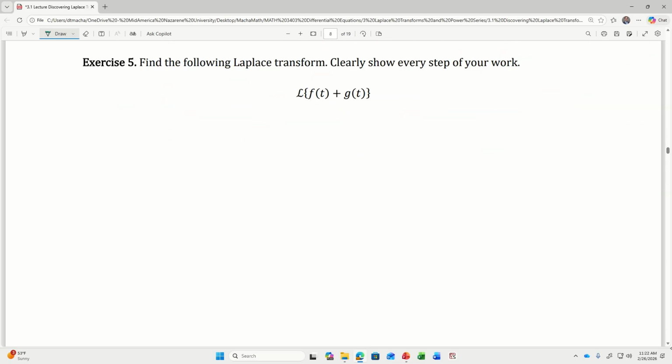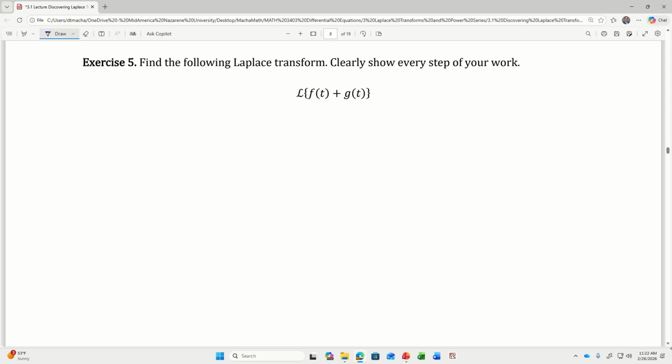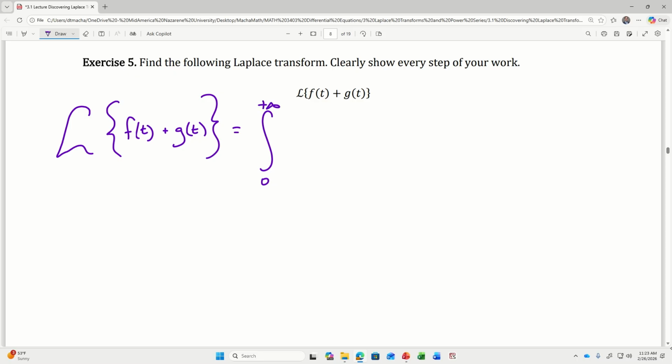All right, find the following Laplace transform. This time we want the transform of f of t plus g of t, where f and g are two separate functions of time. And so this is going to be the integral of e to the power negative st times f of t plus g of t dt.